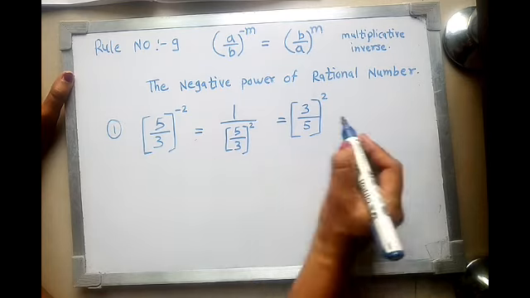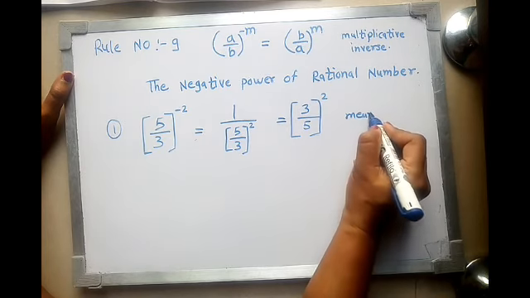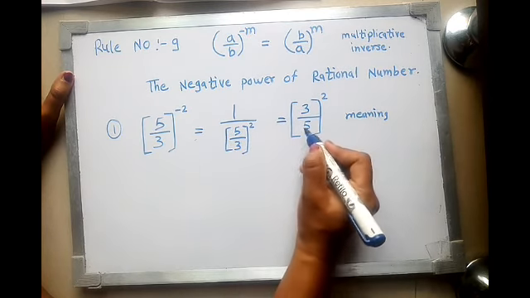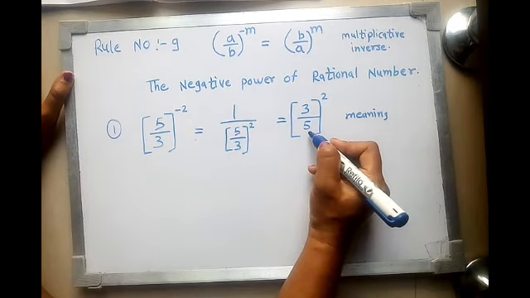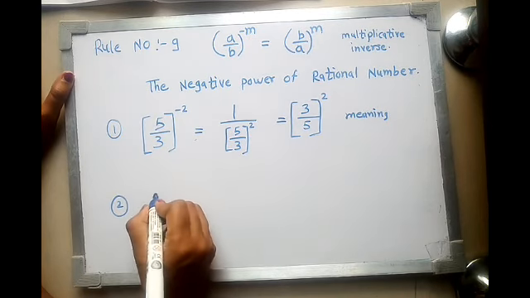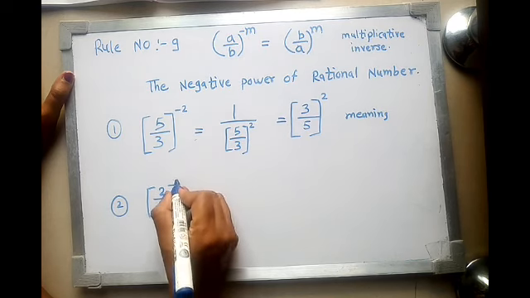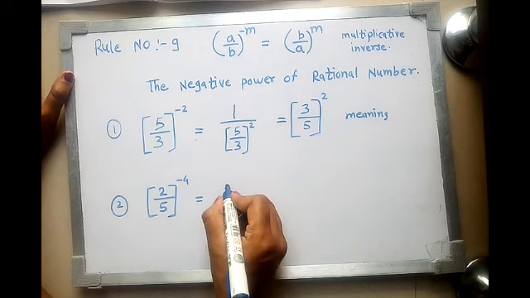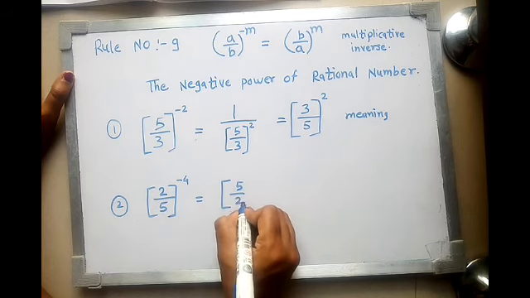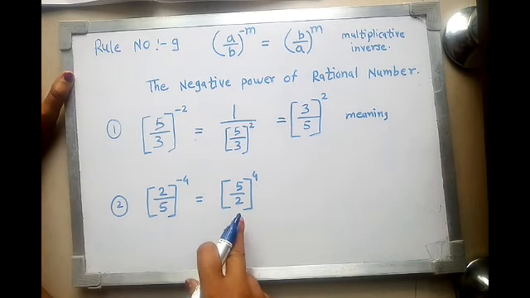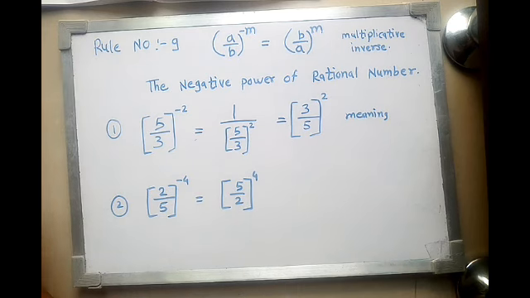Examples of this rule: (5 upon 3) raised to minus 2, multiplicative inverse, 1 upon (5 upon 3) raised to 2, that is (3 upon 5) raised to 2. (2 upon 5) raised to minus 4, here convert into multiplicative inverse, (5 upon 2) raised to 4. The negative power of a rational number is converted into multiplicative inverse form and written with a positive index.